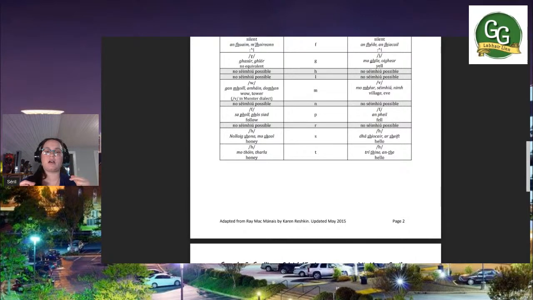When it gets an H, not when it is beside a slender vowel, that's when it becomes the sh sound. But when you see an H after an S, rather than thinking the English sh, you need to think that it goes to an H completely. So a lot like the F gets completely blanked out, but the S turns to an H sound.